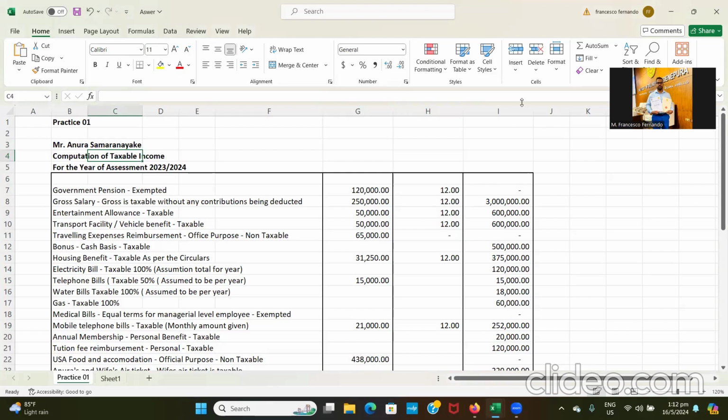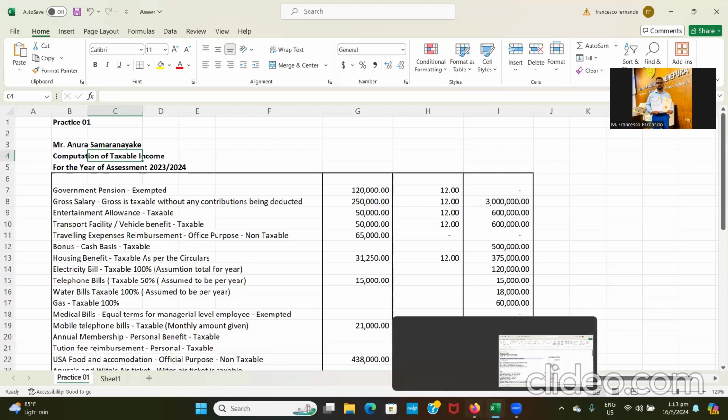Similarly, taxable income and income tax, so that is not a problem. Especially, you must write the year of assessment, 2023/2024. Sometimes you get half a mark or 1 mark for it, so it is important to write that also.